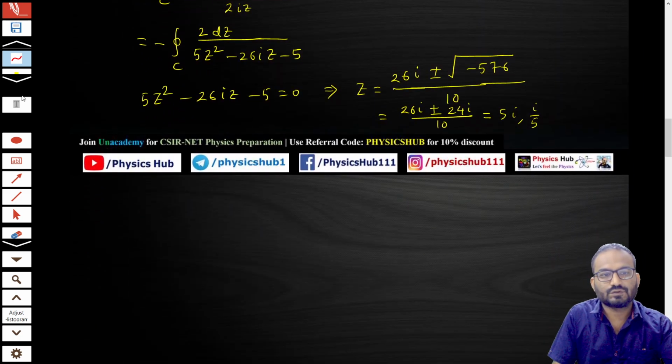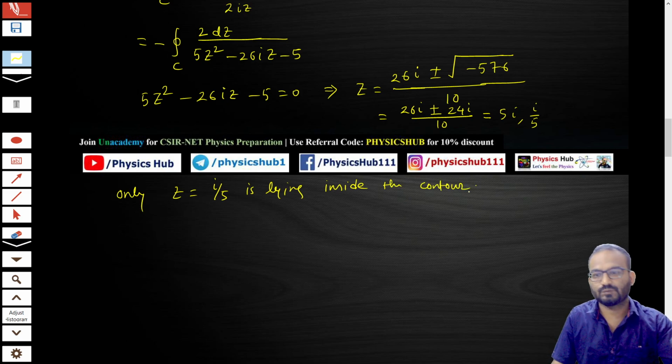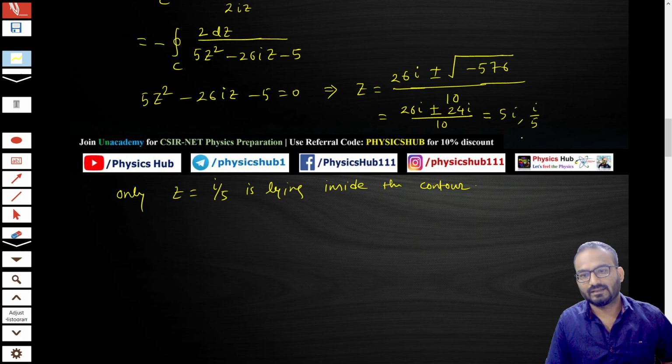So out of these two poles, only z equals i by 5 is lying inside the contour. And you know, for this type of integration we have to consider only those poles which are lying inside the contour, and at that pole we have to find the value of the residue.